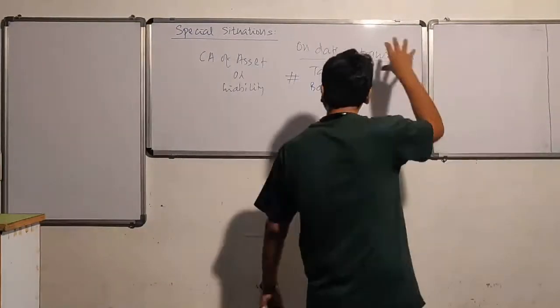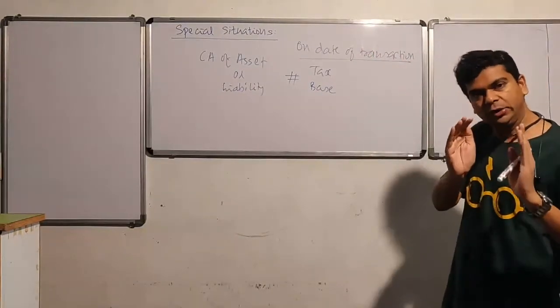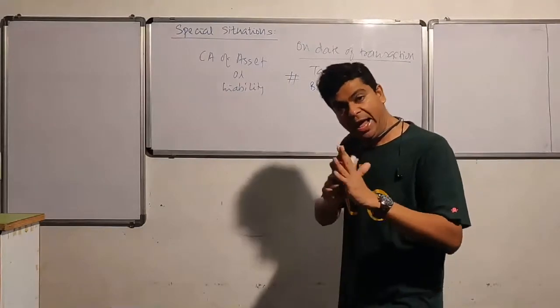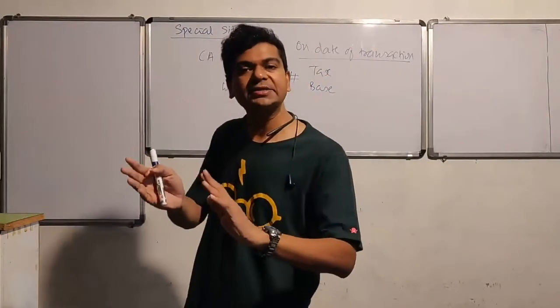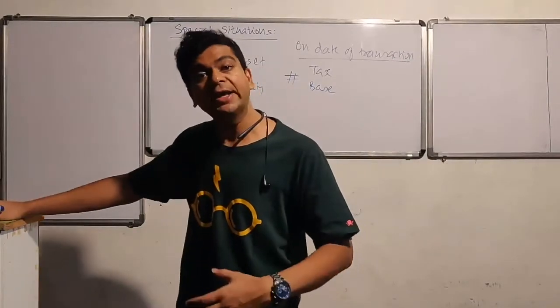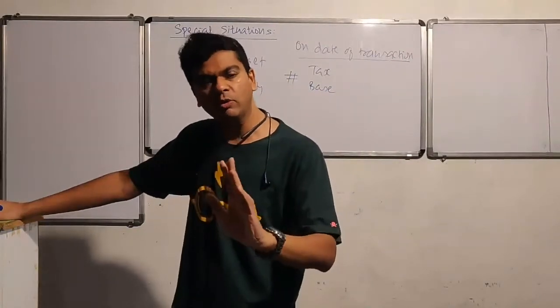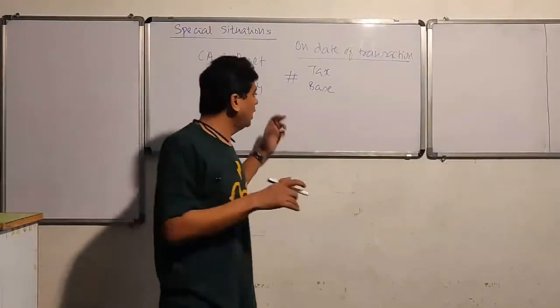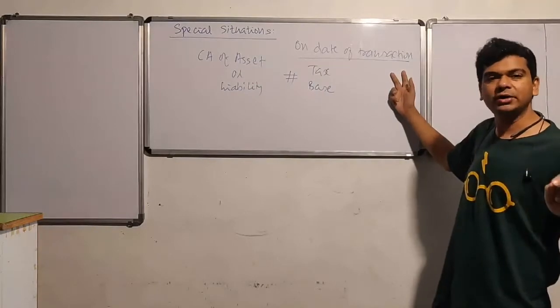Let us say on a day of transaction, let's assume as on today. So as on today you do a transaction and on that particular date of transaction, the carrying amount of the asset and the liability is not exactly equal to its tax base. Fine, there's no problem over here. The two are not equal. Understand, if the two are not equal, then the difference will be the temporary difference.